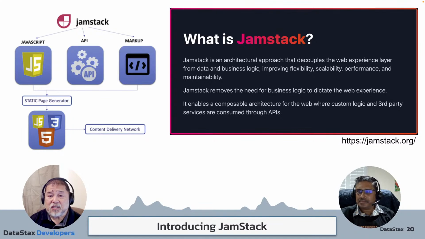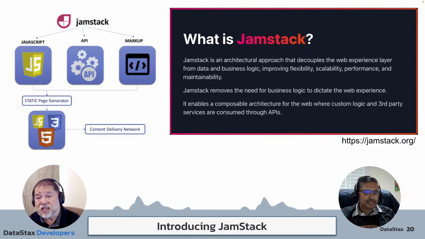So with this, we're going to be using a framework called Jamstack. The idea of the Jamstack is it decouples the web layer from the data and business logic. And Jamstack isn't the only way that we've done this in web development, but it's a very current way of doing it using modern technology.